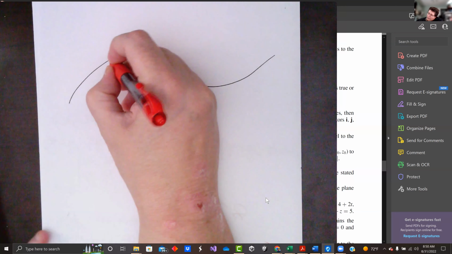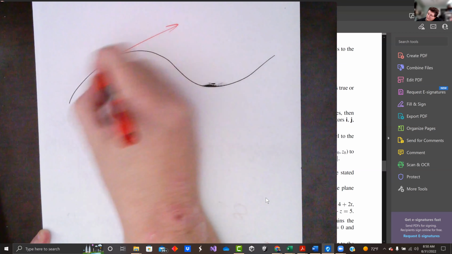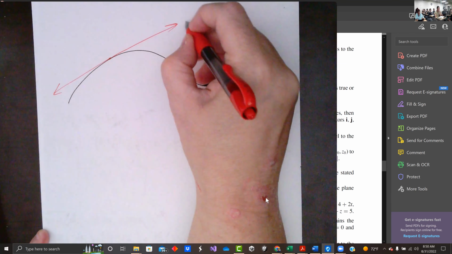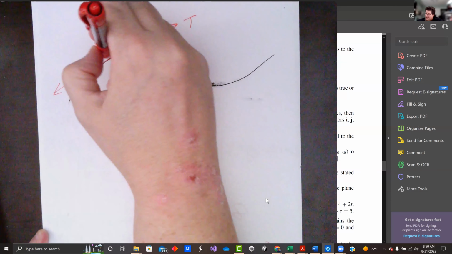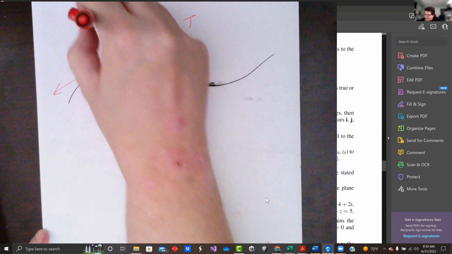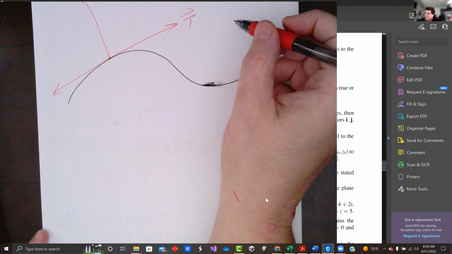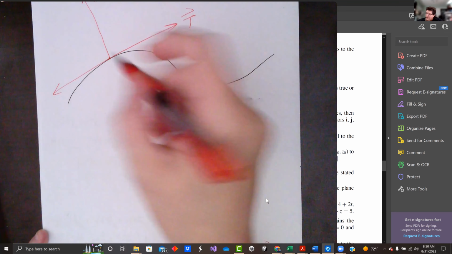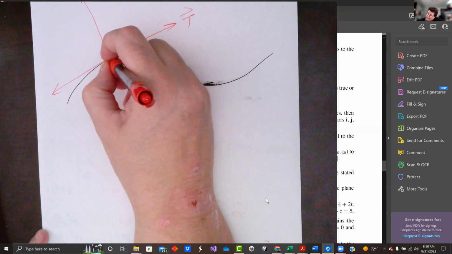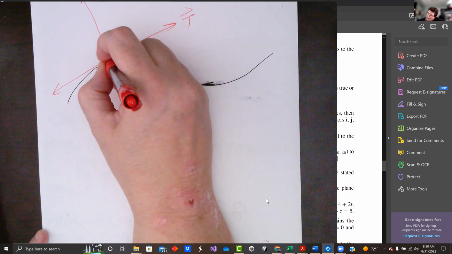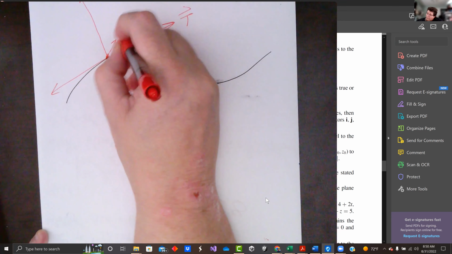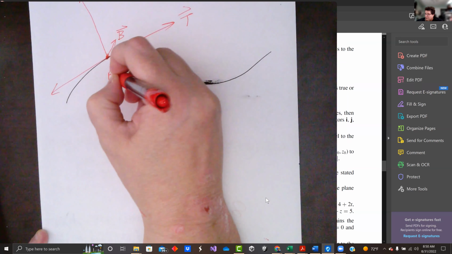At any given point, we can find the tangent line, and I can find a line that is normal to it. And the vector that right now is coming into or out of the page is called the binormal vector, which we would get with the cross product.